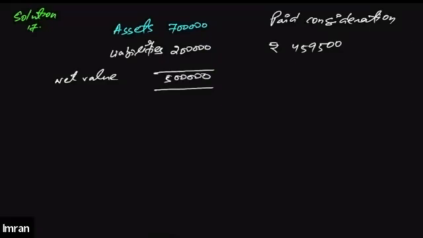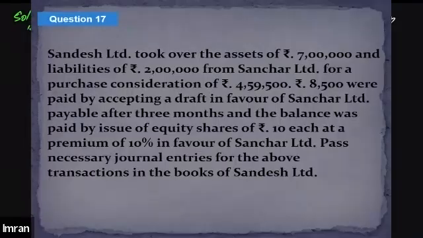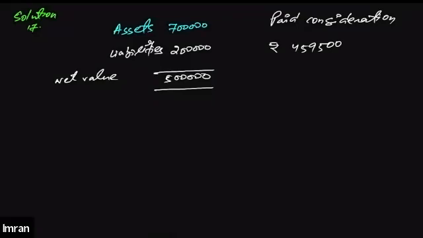And for that, the total consideration paid is 4,59,500. So that means this is a clear case of profit. Assets of 5 lakh have been purchased at a consideration of 4,59,500. That means there is a profit, right?